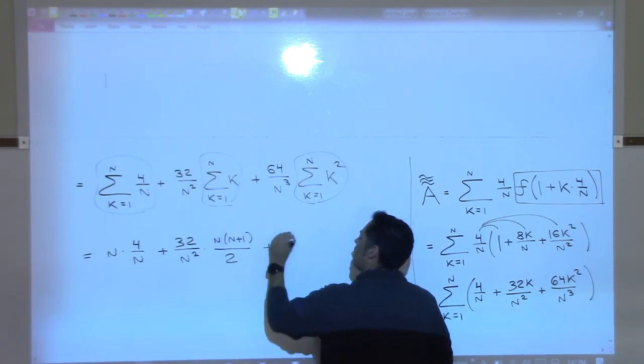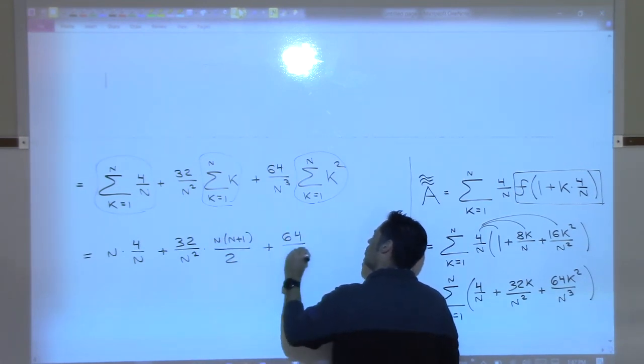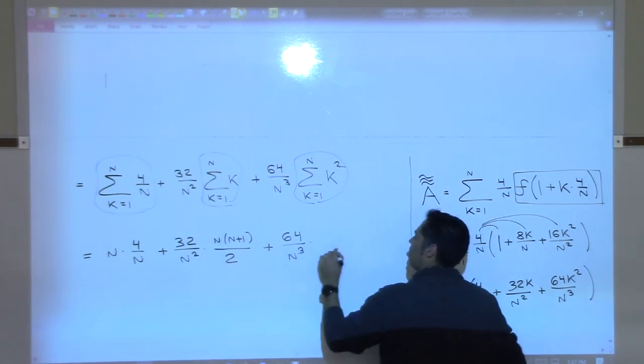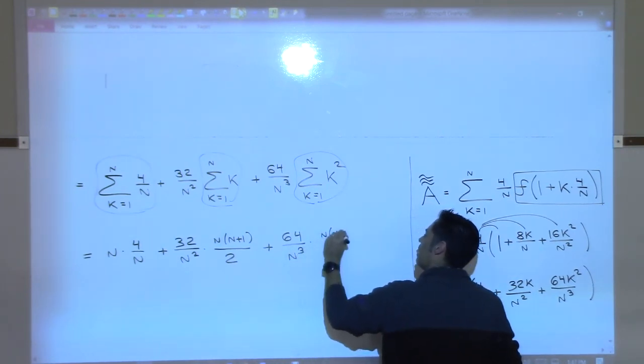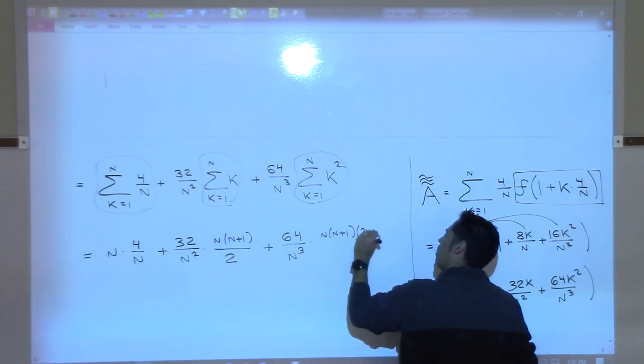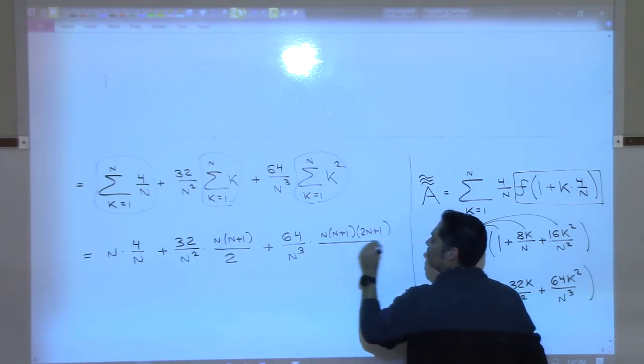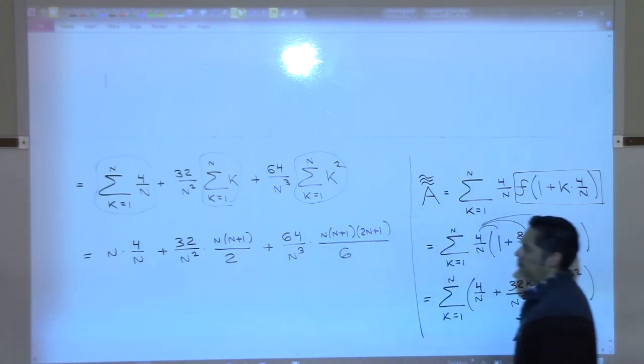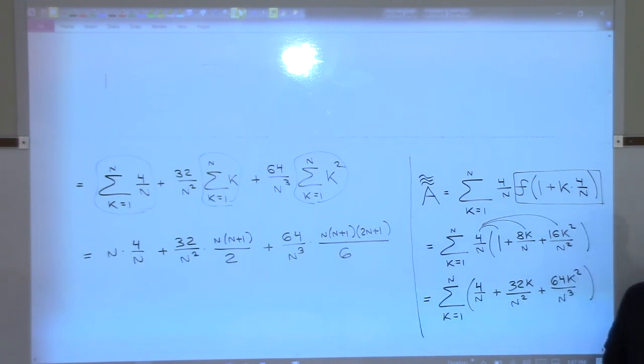Okay, plus 64 over n cubed times this one, which is n times n plus 1 times 2n plus 1 all over 6. I forgot squared? Yeah?